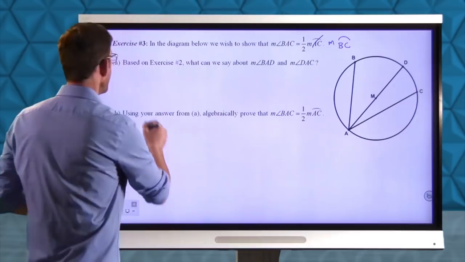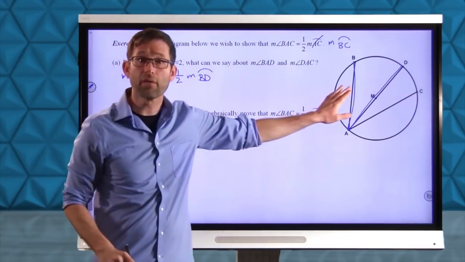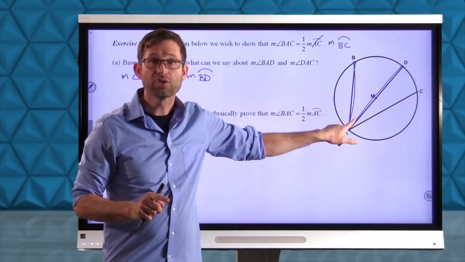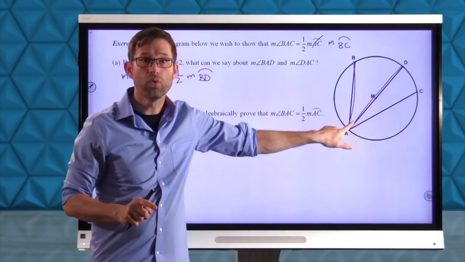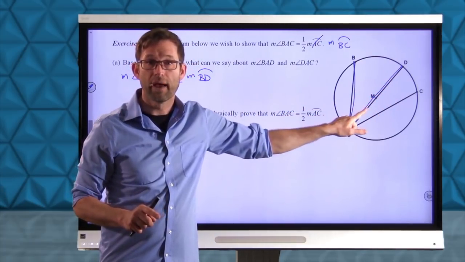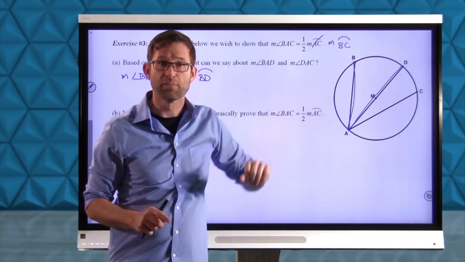Well, we can say that the measure of angle BAD, right, which is this inscribed angle, is 1/2 the measure of arc BD. Okay, because this is exactly the scenario we just looked at. In exercise 2, we proved that for an inscribed angle where one of the two rays is a diameter, then the measure of that inscribed angle, BAD, will be 1/2 the measure of the arc it intercepts, in this case BD.